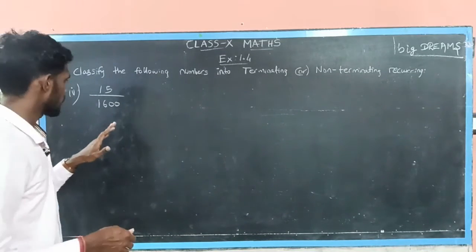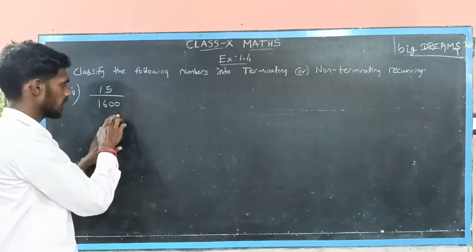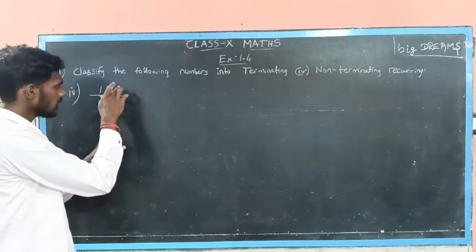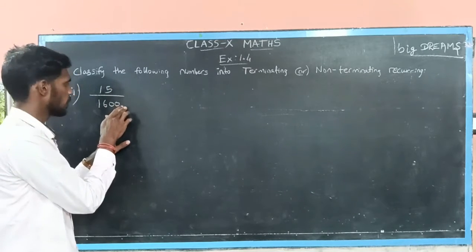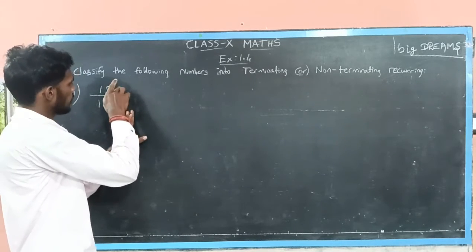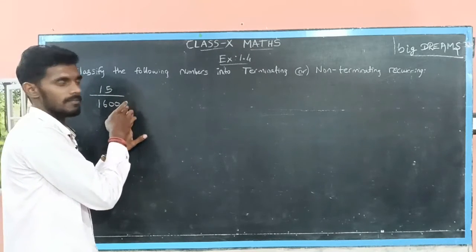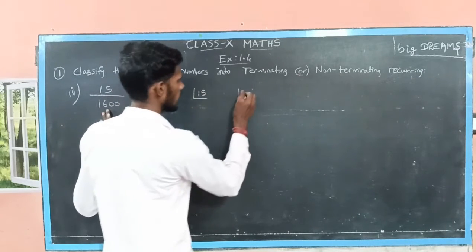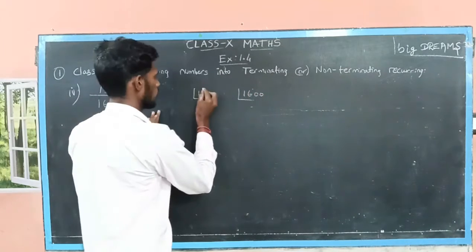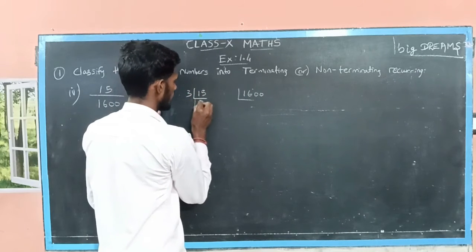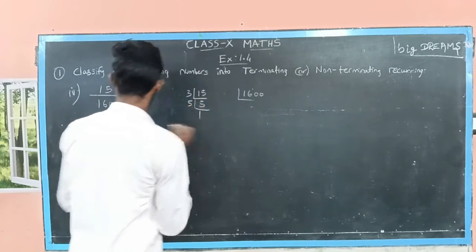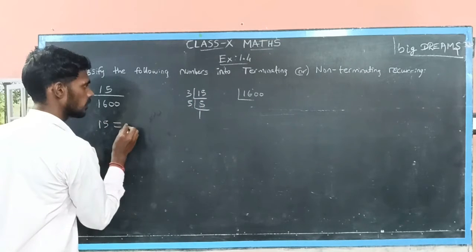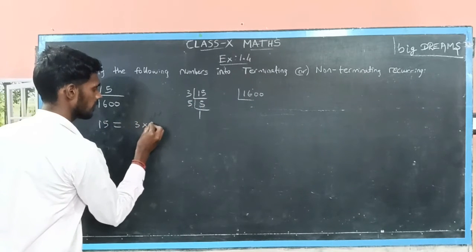Next, the fourth subdivision, 15 by 1600. It is not in the most simplified form, so we have to prime factorize the numerator and denominator, 15 and 1600. 15 divided by 3 gives 5, so 15 is equal to 3 into 5.